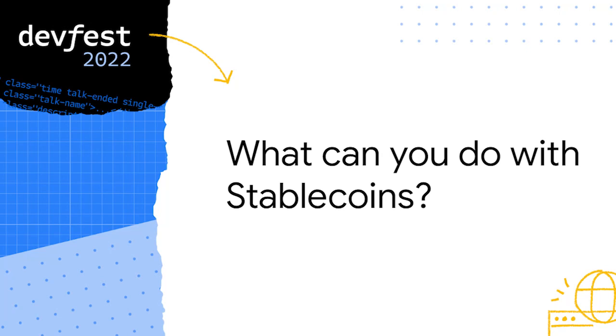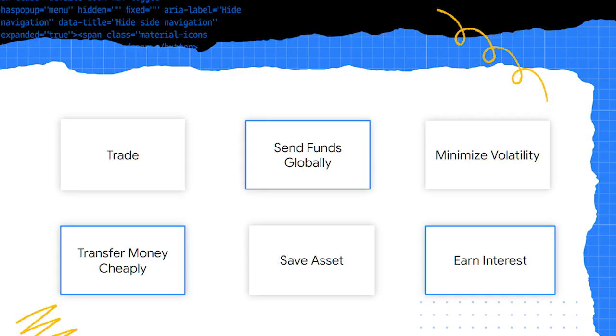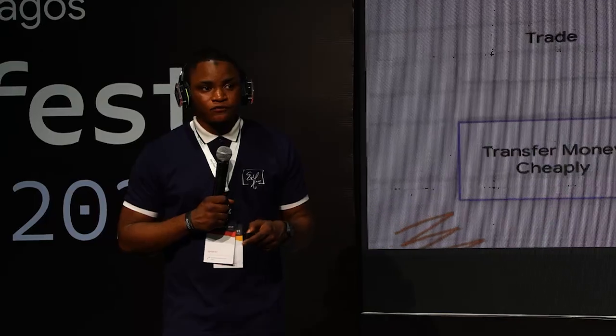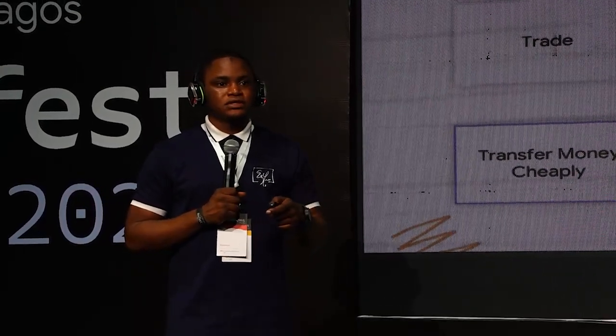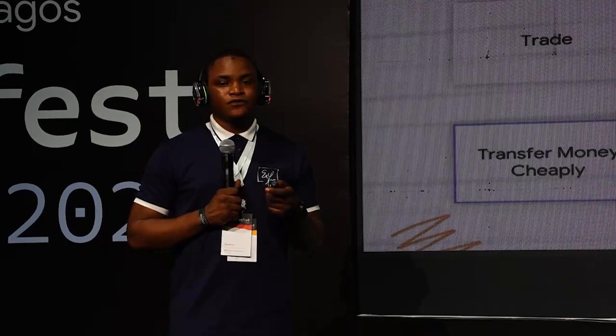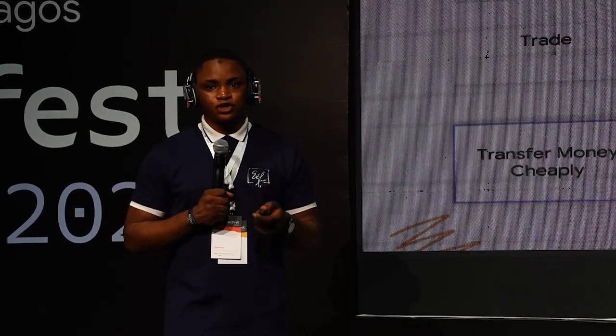So what can you do with stablecoins, now that we've mentioned what they are? First, you can trade with stablecoin. You can send funds globally. In the next few slides, I'll share who uses stablecoin, so you know this didn't just start yesterday. We already have a large number of adopters.